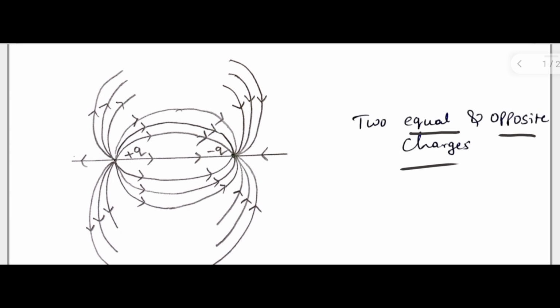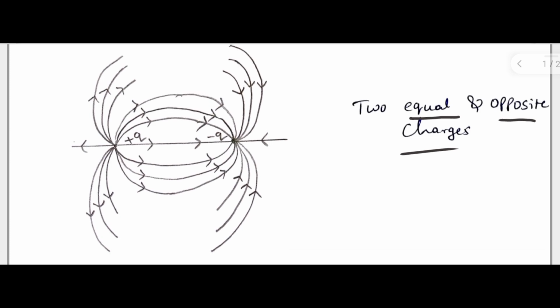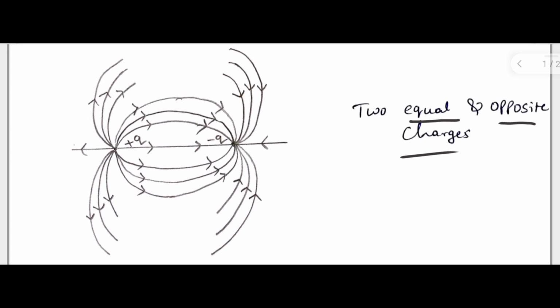Equal means the magnitude remains the same, and opposite means the signs. Here you are observing a plus q charge and a minus q charge. For equal and opposite charges there is always attraction.